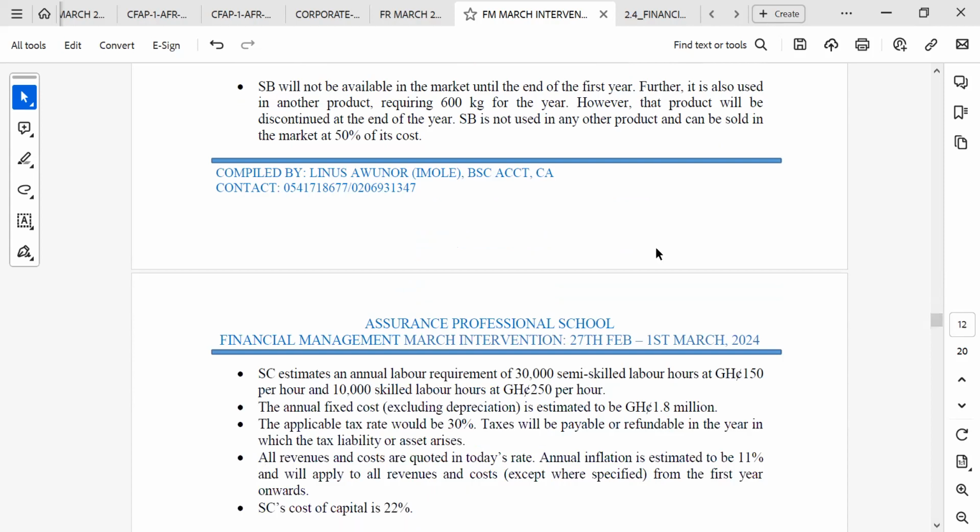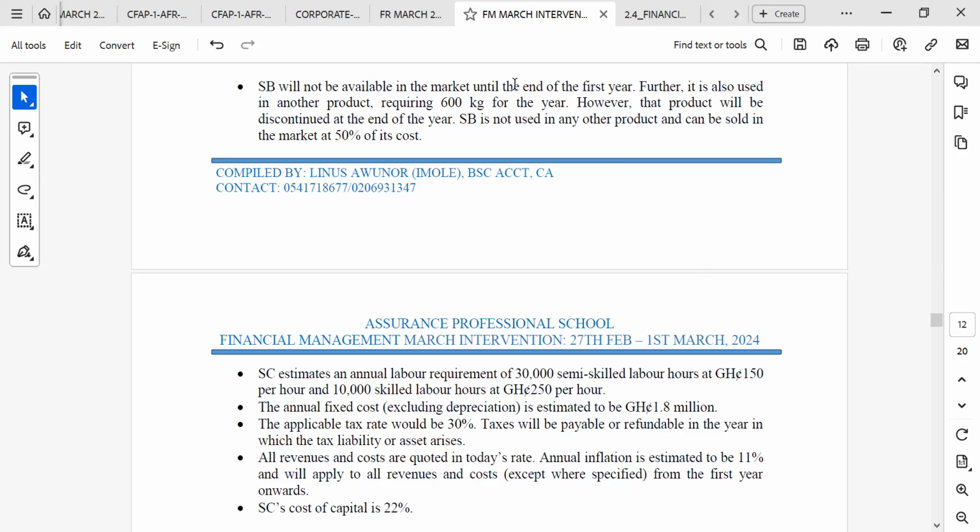The company estimates an annual labor requirement of 30,000 semi-skilled labor hours at 150 per hour and 10,000 skilled labor hours at 250 Ghana cedis per hour. The annual fixed cost, excluding depreciation, is estimated to be 1.8 million Ghana cedis. The applicable tax rate would be 30%. Taxes will be payable or refundable in the year in which the tax liability or asset arises.